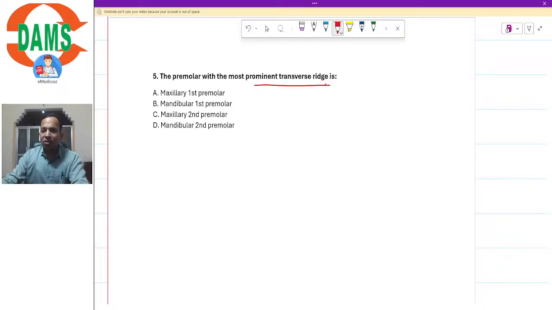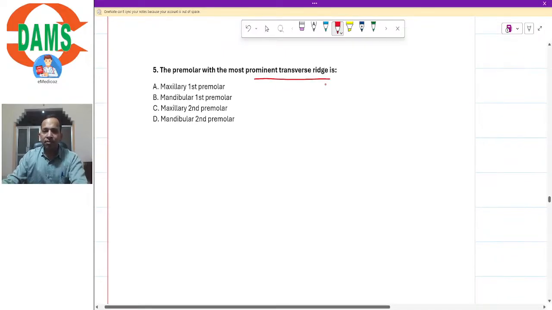So which premolar has the most prominent transverse ridge? Again we have discussed it. The triangular ridge and the most prominent transverse ridge are in the same tooth. तो किस टूथ में है most prominent transverse ridge या triangular ridge? Is it maxillary first? Is it mandibular first premolar? Is it maxillary second premolar?